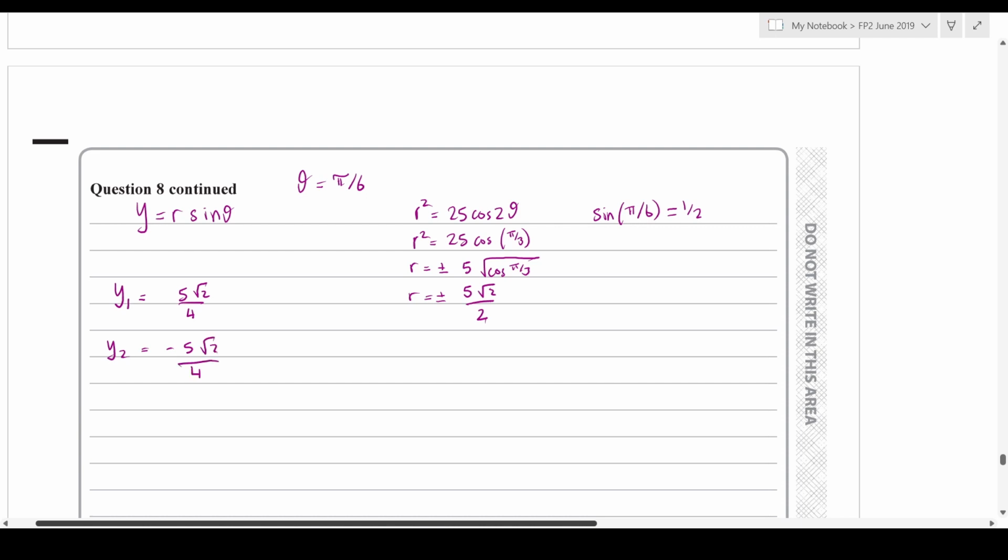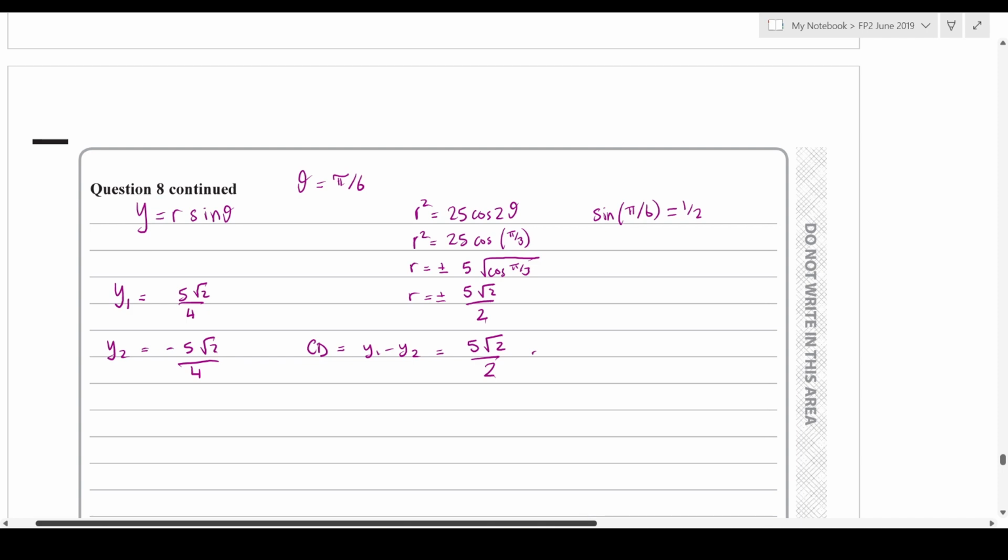But what I want to find is the maximum distance, which is CD, which you can say is y1 minus y2. So I'm taking them away. That should just give me 5 root 2 over 2, I think. But always be cautious. Plus 5 root 2 over 4, and indeed it does: 5 root 2 over 2.